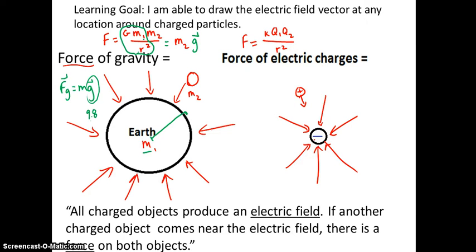We can do the exact same for electric charges. Let's say this is charge 1 and this is charge 2. We can say that this charge produces an electric field, and that electric field is going to be this size. Notice, as the distance goes farther and farther away, the electric field gets smaller and smaller.